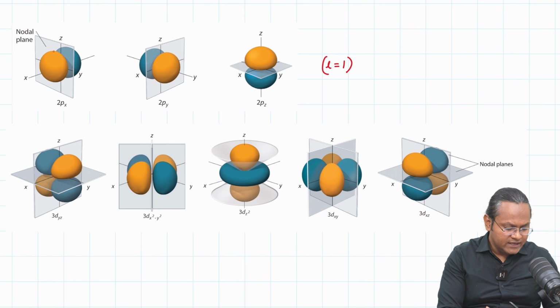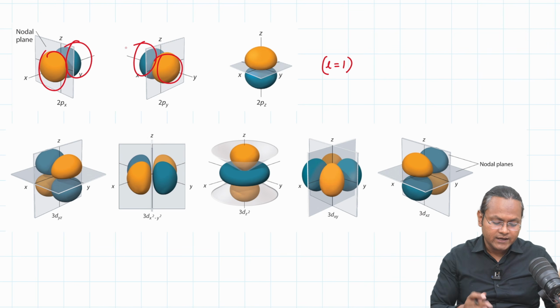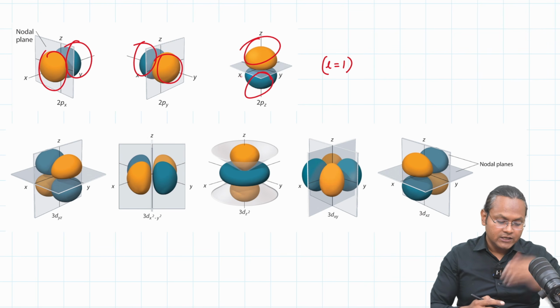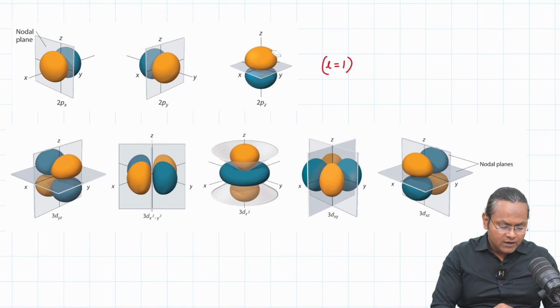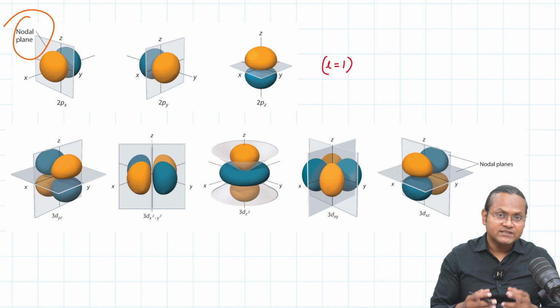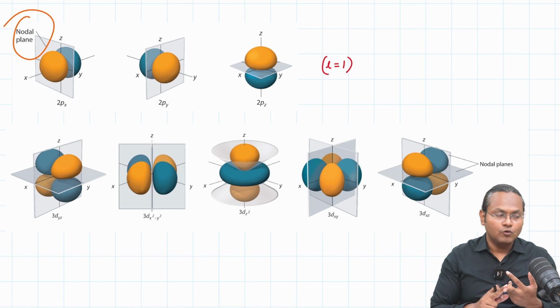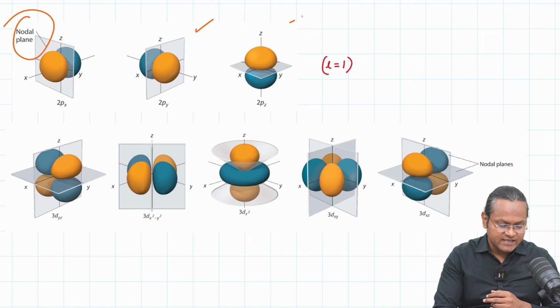That's why you get these lobe-like structures in the directions where the magnitude is finite. Otherwise, it goes to 0. Here, the magnitude is finite. Here, the magnitude is finite. Dividing these structures, you get these nodal planes. These nodal planes correspond to zero value of the spherical harmonics. Therefore, the overall probability density there is going to be 0. Same here.